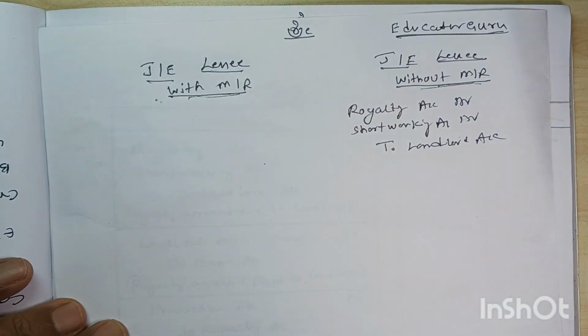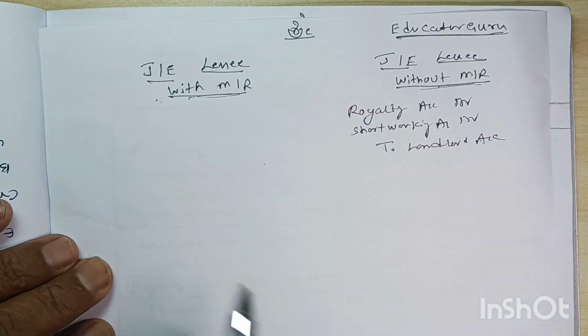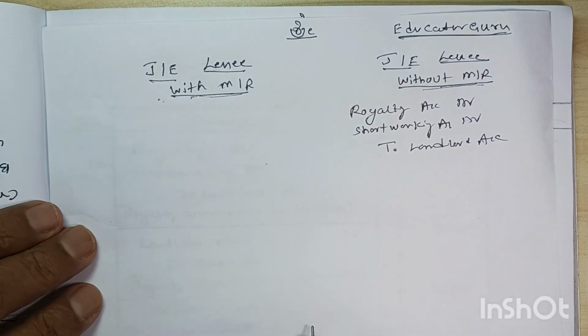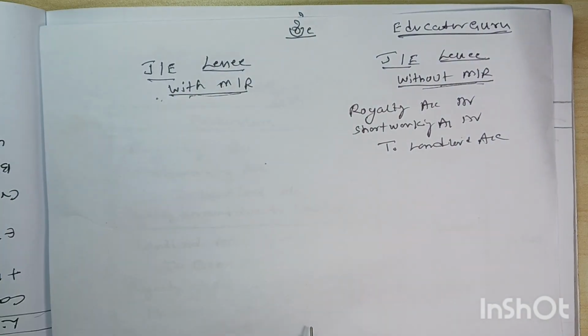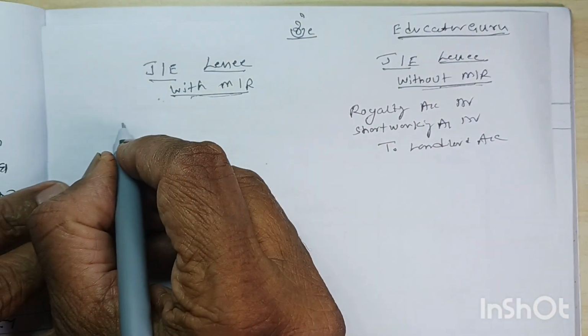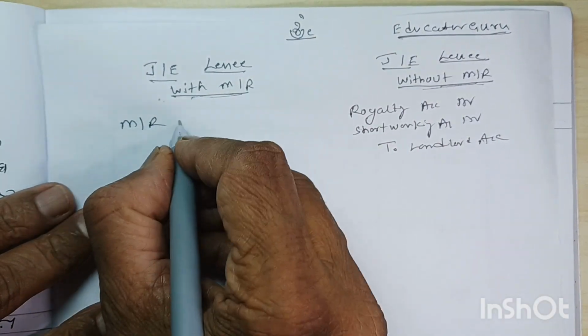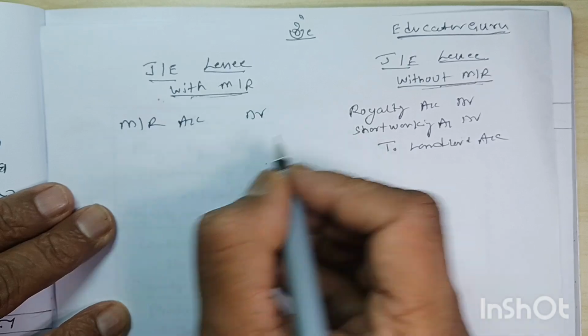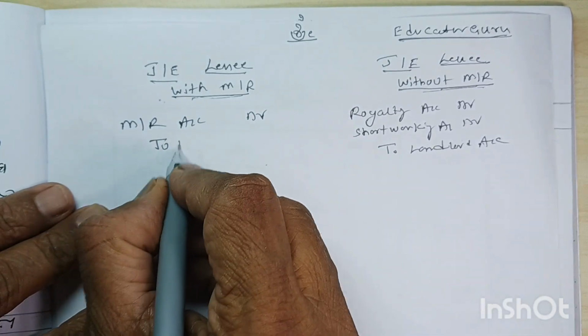One journal entry, that is without minimum rent. But when you come to minimum rent, instead of writing one journal entry, we will write two journal entries. The first is minimum rent account debtor or dead rent account debtor to landlord account.